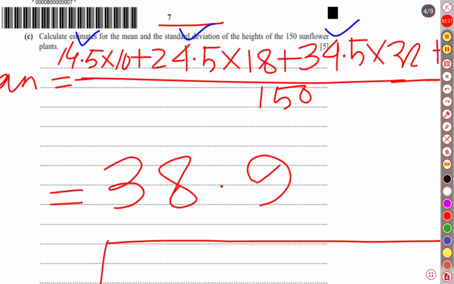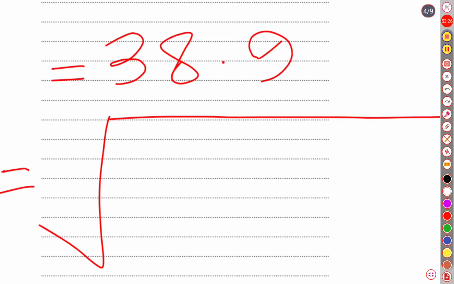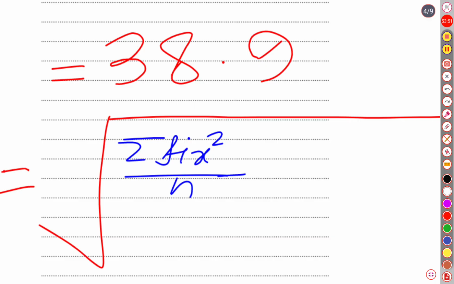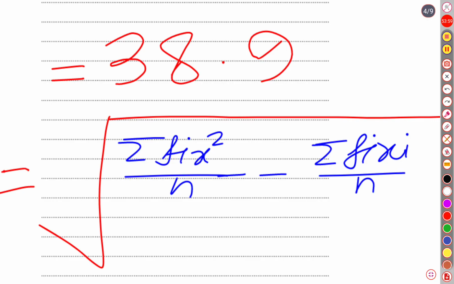If we write here fi, it is the sum of fi x squared over n, minus the mean value, sum of fi xi over n, then whole squared.